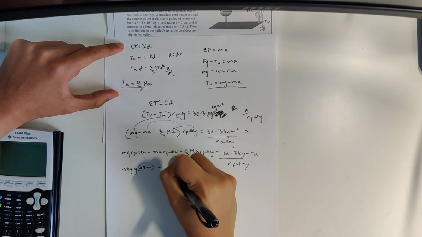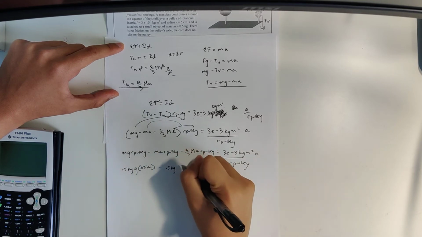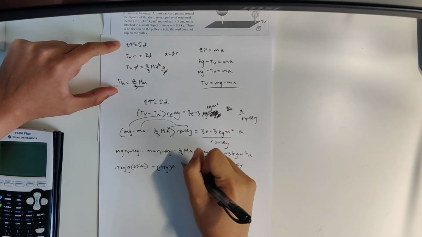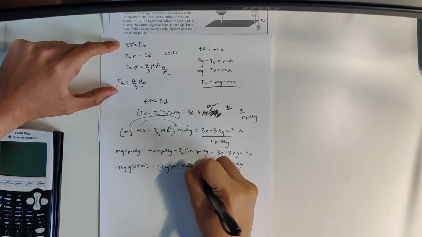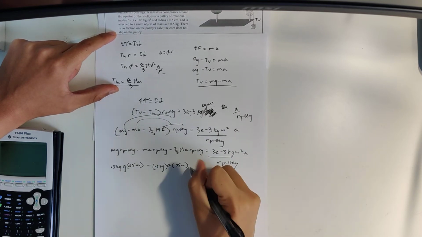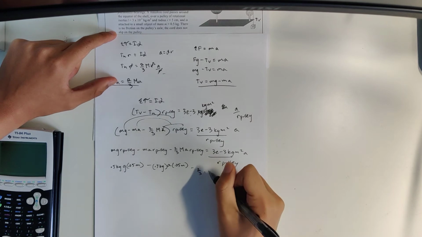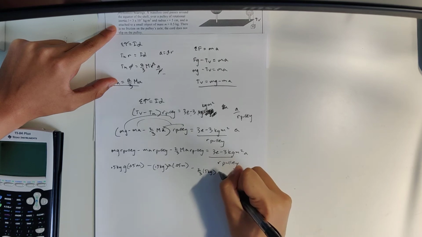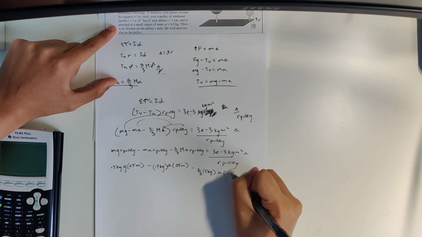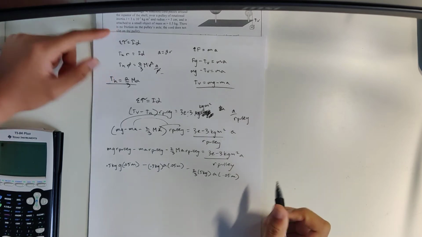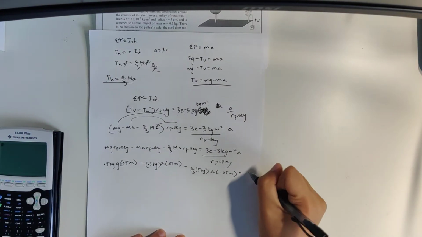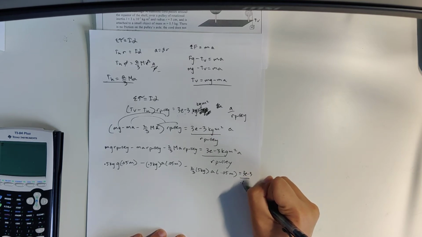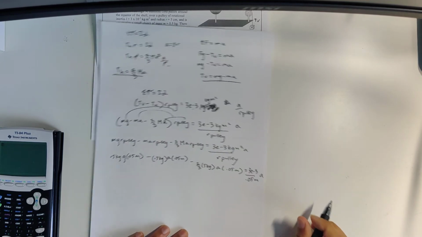Minus, again, your m is 0.5 kilograms. You don't know what your A is, so let's just leave it. And your R pulley, again, is 0.05 meters. Minus 2 over 3. Your big M is 5 kilograms. You don't know your A, leave it. And your R pulley is 0.05 meters. Equal to the I value. Your R pulley is again 0.05 meters. And then you have your A right here.